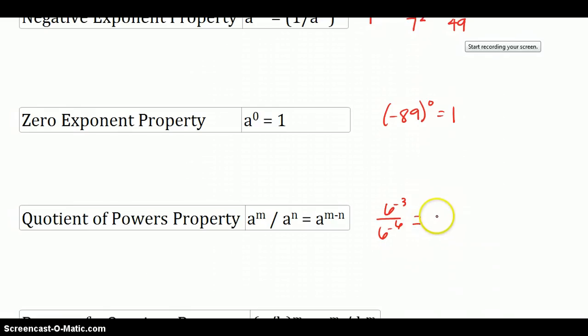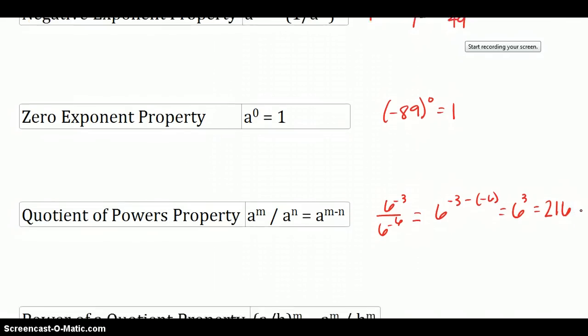To rewrite that, we take our base, which is 6, and we take our exponents, which is negative 3, and we subtract them, so minus negative 6, which gives us 6 to the third, and if we were to multiply that out, 6 times 6 times 6 would be 216.